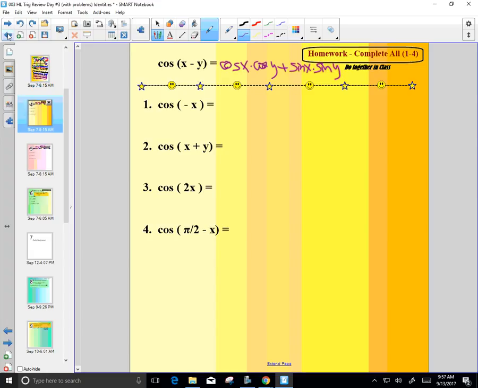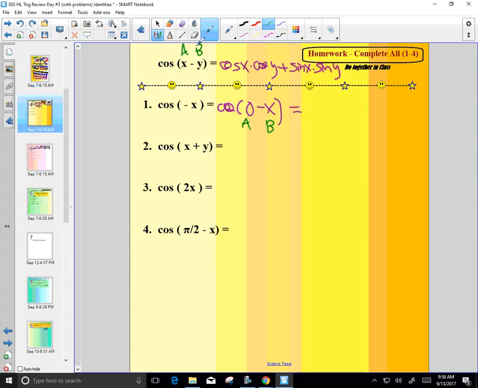But I'm going to give you a hint. Cosine of negative x is the cosine of 0 minus x. Do you agree with that? And the cosine of 0 minus x, this is my a, and this is my b. So the cosine of the first, cosine of the second. I should have used a and b's here because I used x's here.